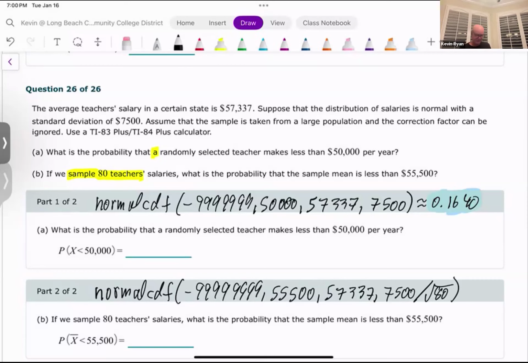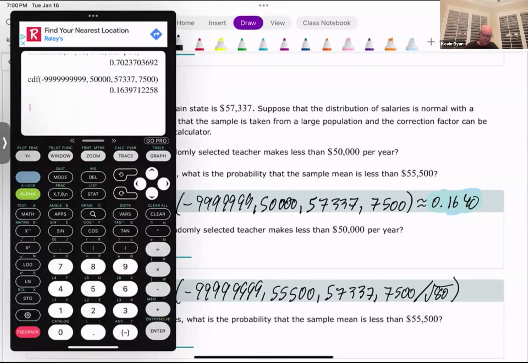Once again, you'll note that the standard deviation has definitely changed. So we have to adjust that standard deviation.